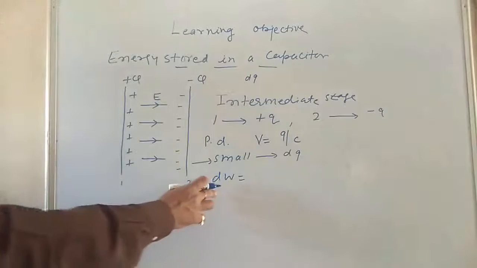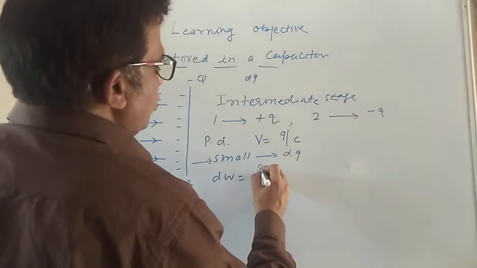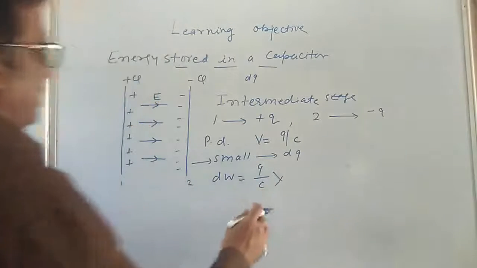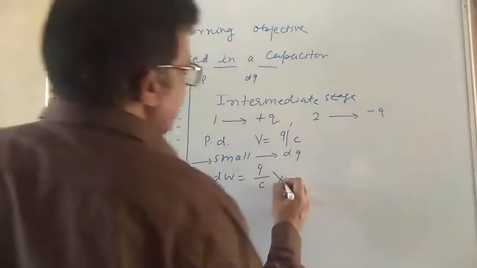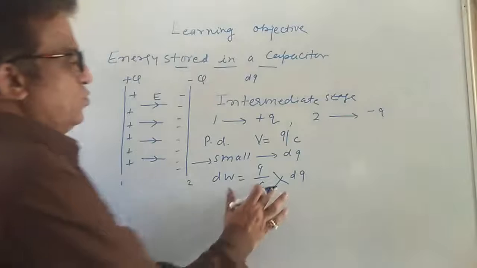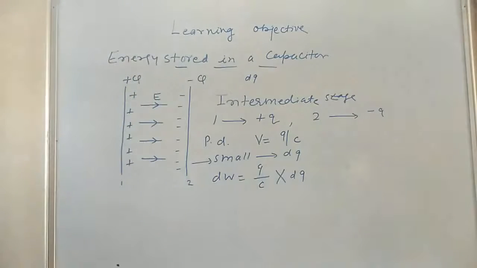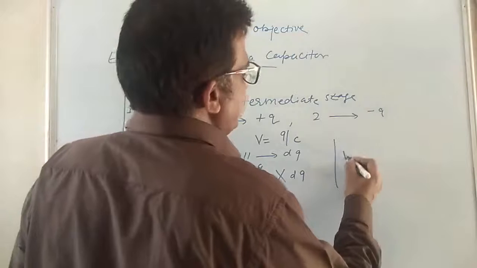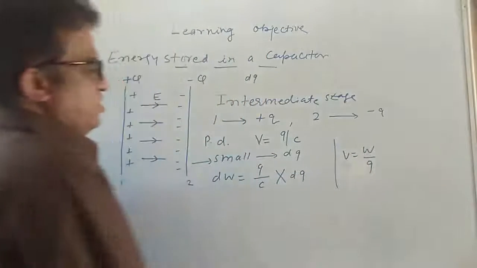So dW comes out to be potential Q by C into charge, potential into charge. Charge is dq here. So Q by C into dq. This is the work done here. Because I know very well the formula for the potential V is equal to W by Q. So W is equal to V into Q.